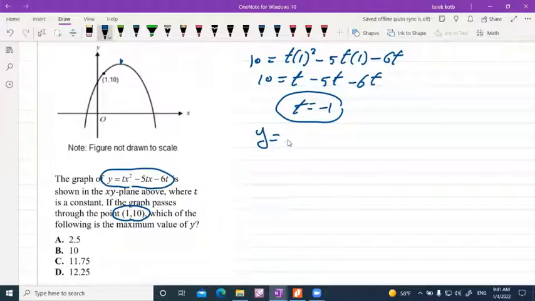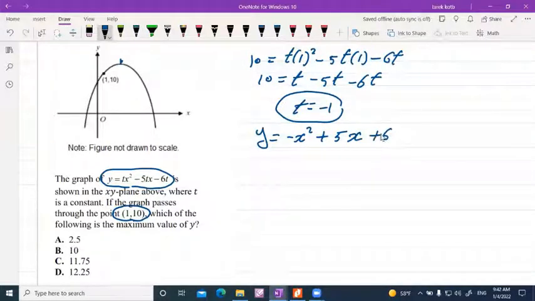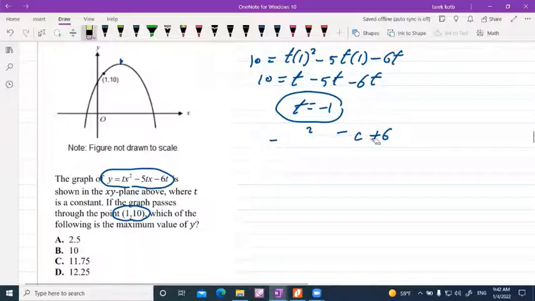Shift solve in the calculator, you can get t. Then the equation will be y equals, instead of t, negative 1 x squared minus 5t, means 5 times negative 1, equals positive 5x. And then negative 6 times t, which is negative 1, will be positive 6. Now this is the equation after replacing t.